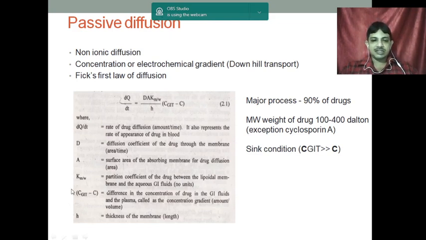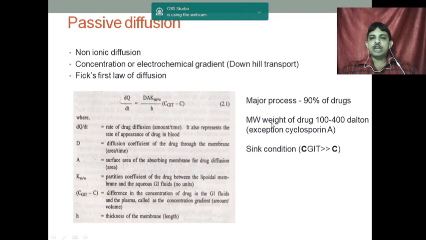If the difference CGIT minus C is more, the drug will move more. But if the thickness of the membrane H is more, the rate of diffusion will be delayed.